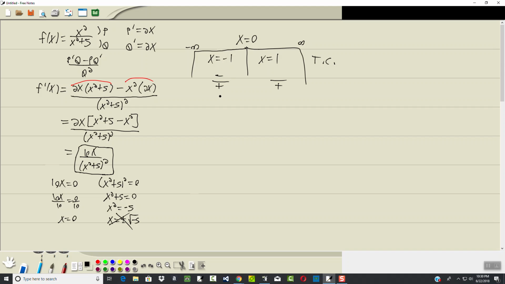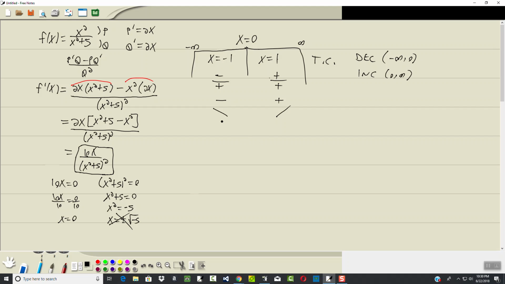Negative divided by positive is negative. If I plug 1 in, 10 times 1 is 10, which is positive. And positive divided by positive is positive. So it's negative here, so this is decreasing. This is positive, so it's increasing. So it's decreasing from negative infinity to 0, and it's increasing from 0 to positive infinity.